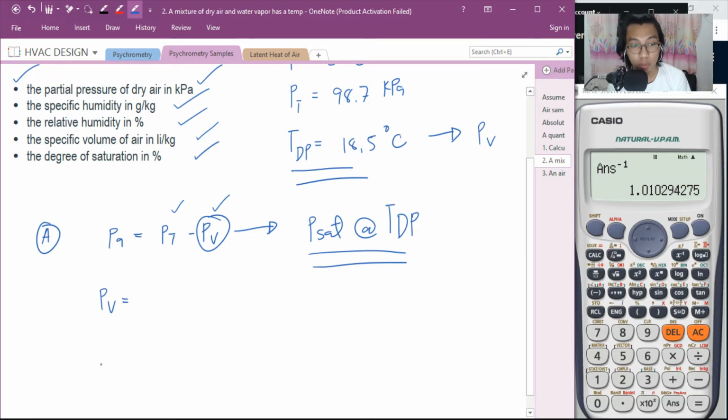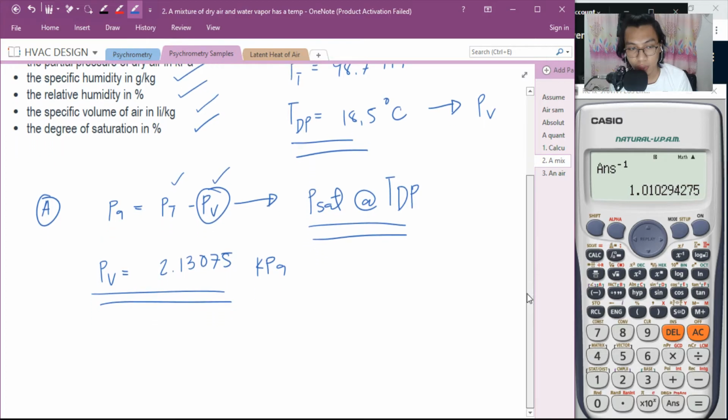All you have to do is average them. So the value of your PV is 2.13075 kPa. Sorry, I was not able to prepare a steam table reference, but this is accurate, you may check.